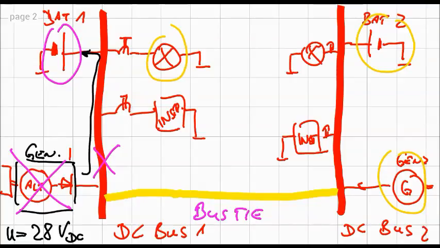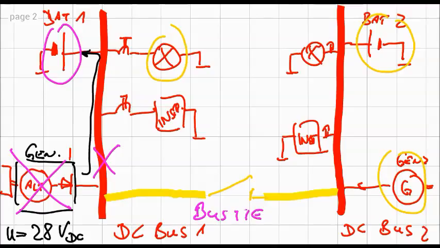So bus tie shouldn't be a constant connection, but maybe it should offer us control, switching. And switching is the secret to it. We put a little switch in here. That's the wrong one. Let's stick with yellow. We put a switch in here and call this the bus tie switch.